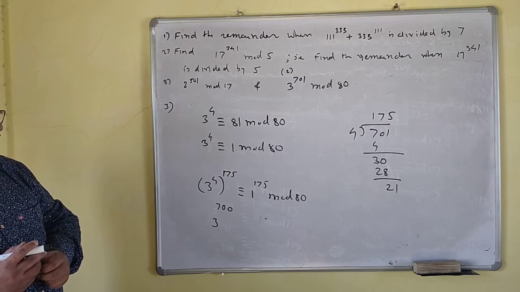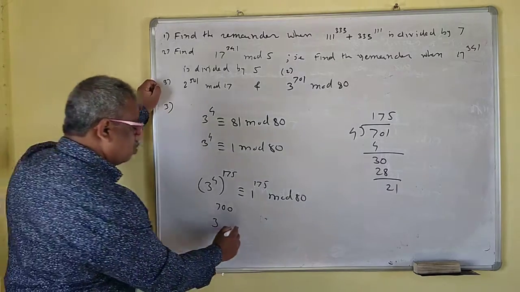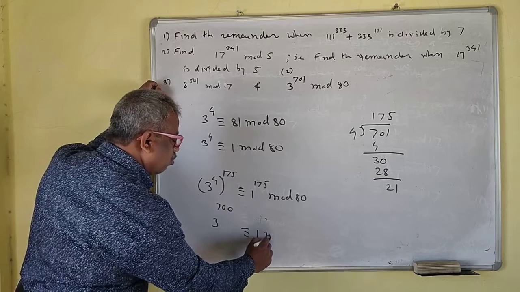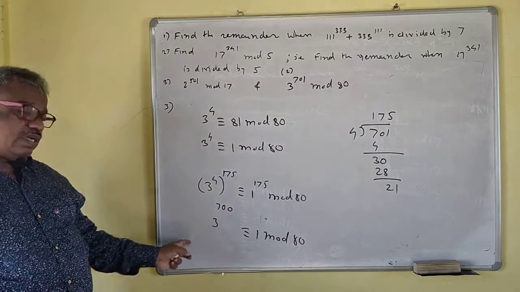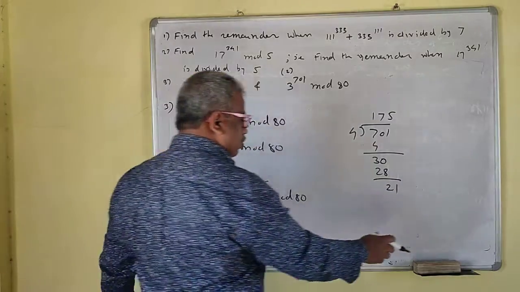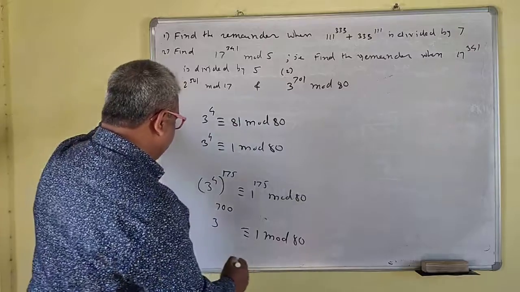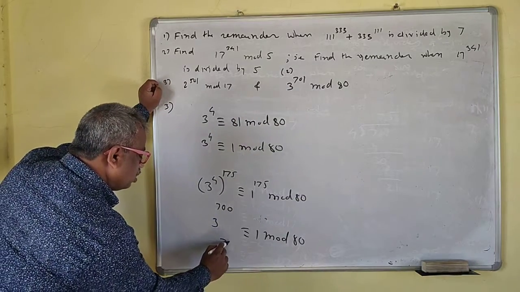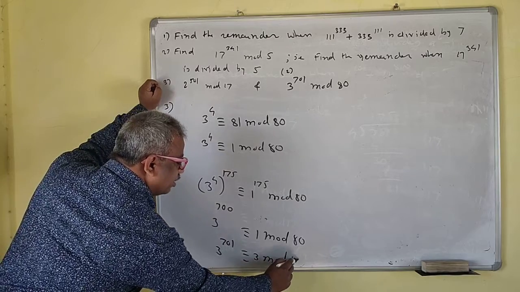So 3 to the power 700 is congruent to 1 mod 80. Now we want 701, so we just multiply by 3. So we get 3 to the power 701 is congruent to 3 mod 80.